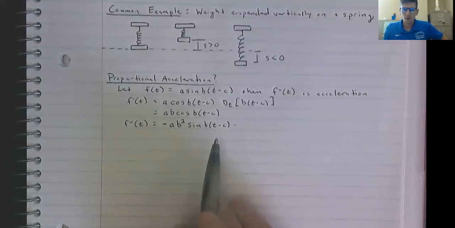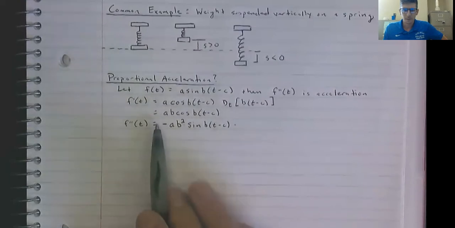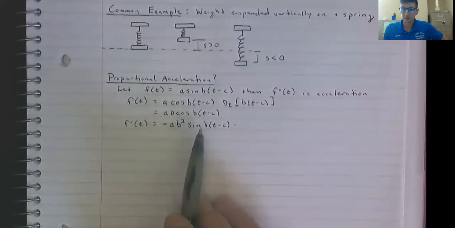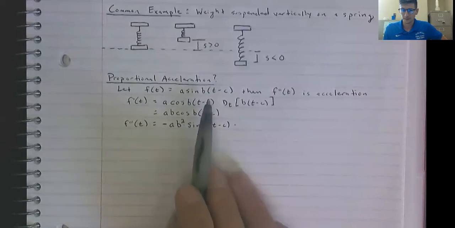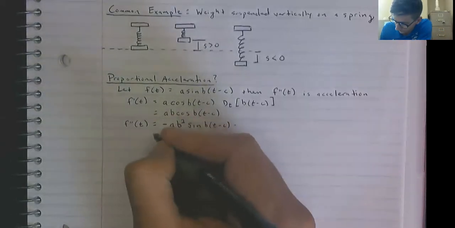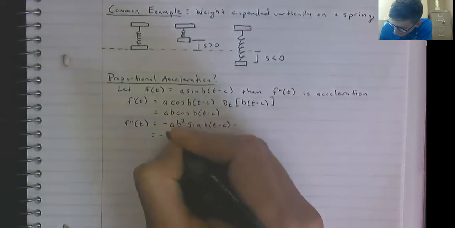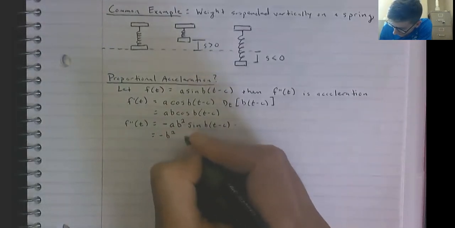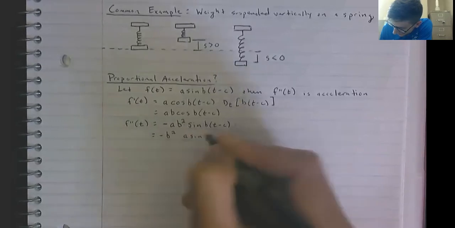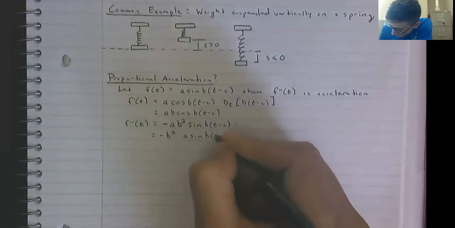So the thing we're trying to show is that this thing is proportional to that thing. We're pretty darn close because there's definitely a lot of things here that are the same. Let's just rewrite this a little bit. We'll call this negative b squared times a sine of b times t minus c.